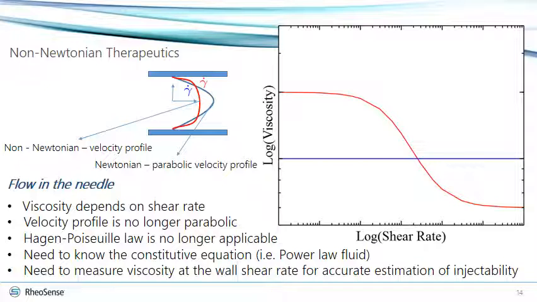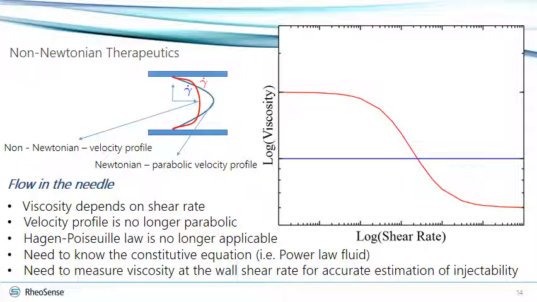A first region at low shear rate, known as the zero shear viscosity plateau. A second region from intermediate to high shear rates that is often well described by a power law. And last, a second plateau region at even higher shear rates.